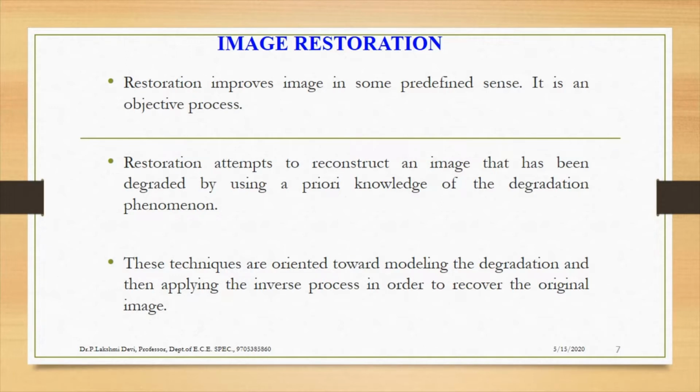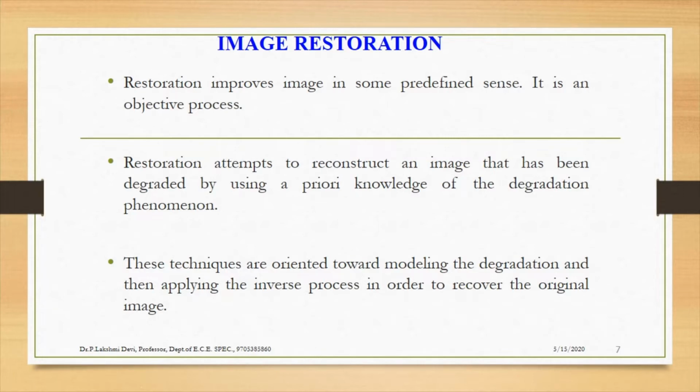Then, restoration attempts to reconstruct an image that has been degraded by using prior knowledge of the degradation phenomena. So in this, as I already told you, a reconstructing mechanism is there based on the type of degradation the input image has undergone. Based on the type of degradation, we apply the reverse mechanism of retrieving it back as close as possible to the input error-free image.